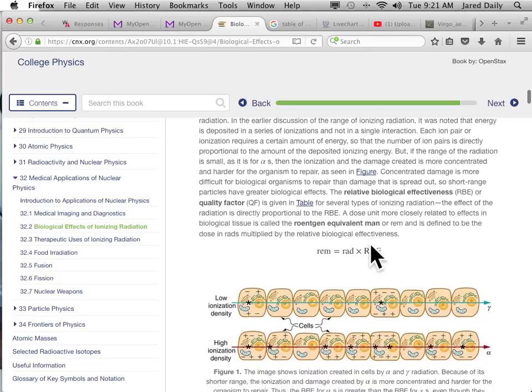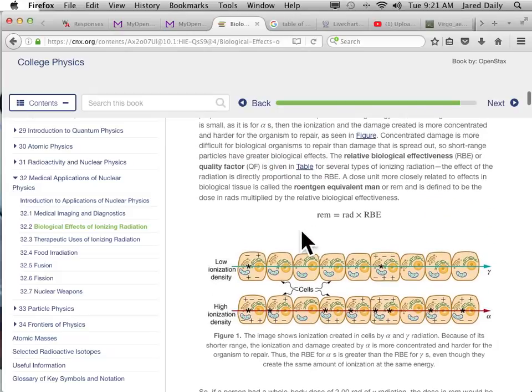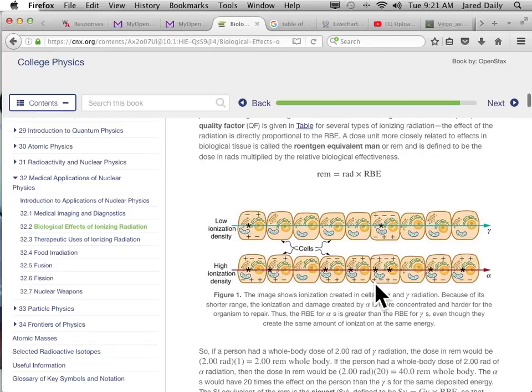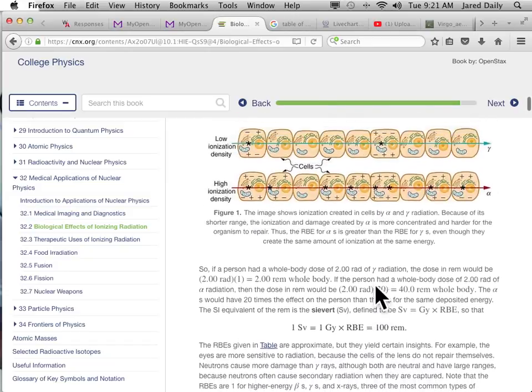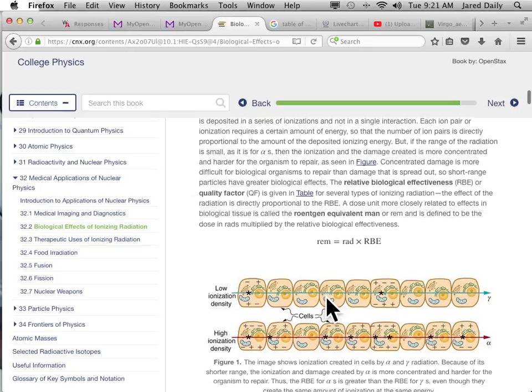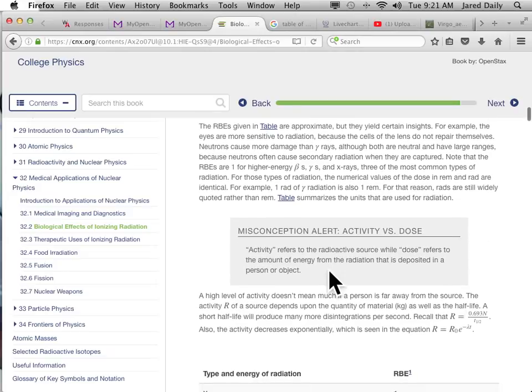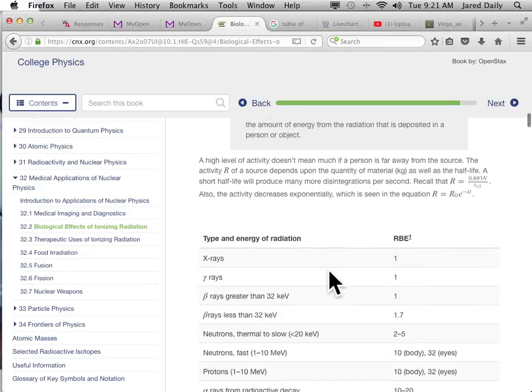And then the sievert is 1 gray times the RBE, so it's the equivalent of the REMs to the rads. So there are two different versions of these things, and for the most part, you see REMs and rads being used in hospitals. In science, you often see the grays and the sieverts, but REMs and rads you'll see as well.